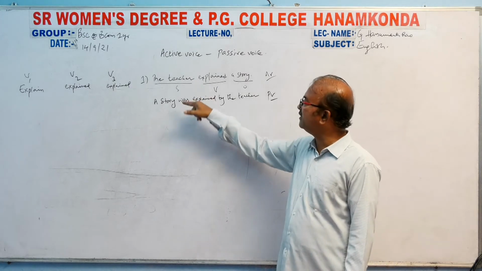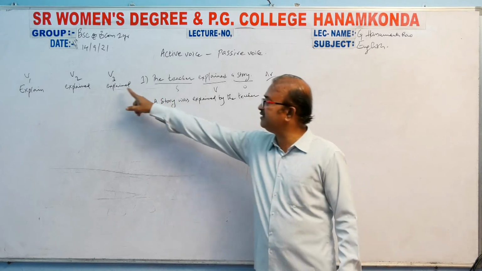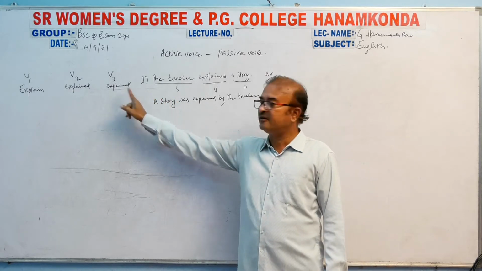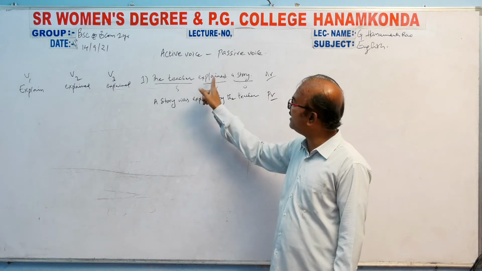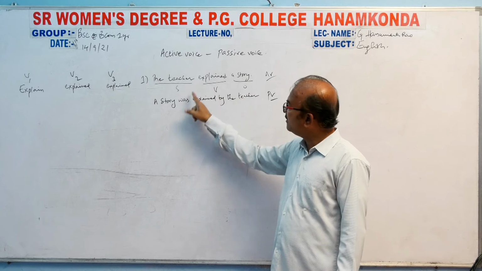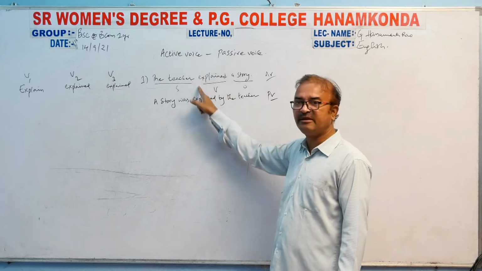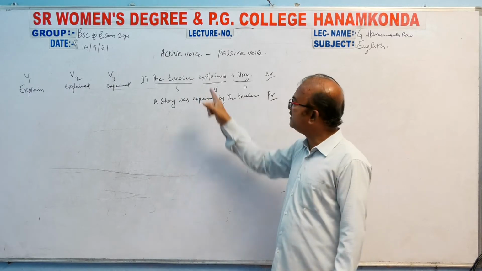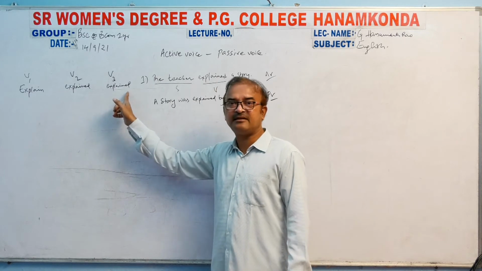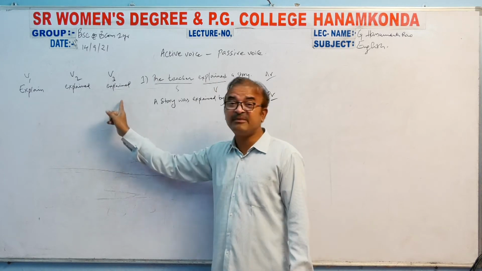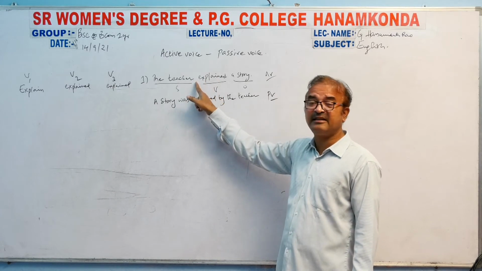So here, check this one. Now here, was explained makes it V3. Was explained is past participle. And here, check this one. The teacher explained in active voice. There is nothing between the two, between the subject and the verb. Is there any helping verb here between the two? There is nothing. Explained and explained both look similar, but in active voice, the explained was not preceded by anything.